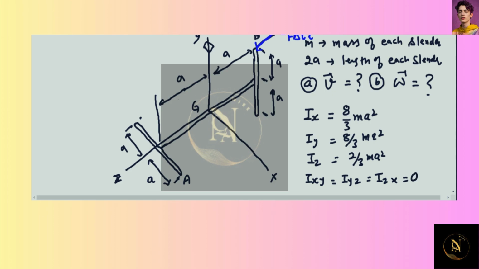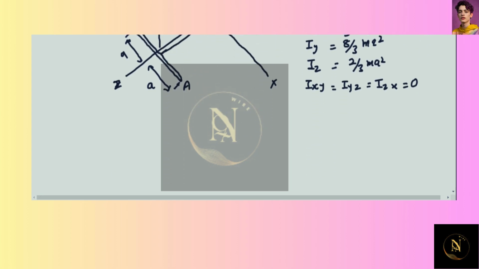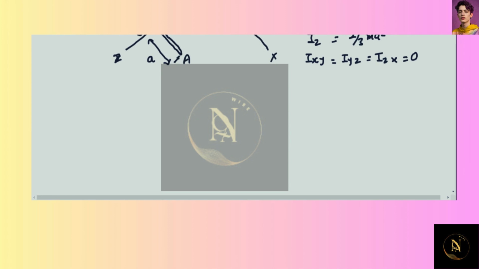Now the only impulse is F delta t along the negative x-axis. So the impulse is given as minus F delta t i cap.